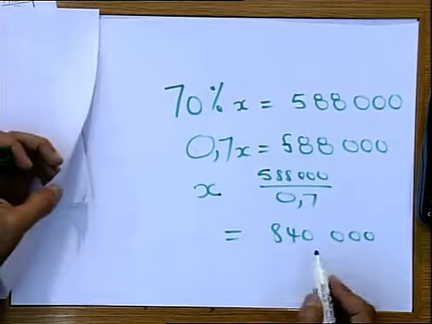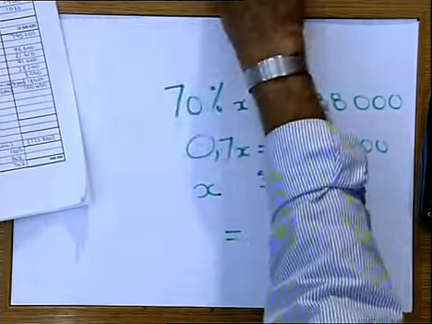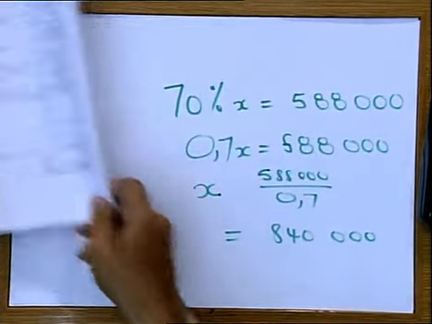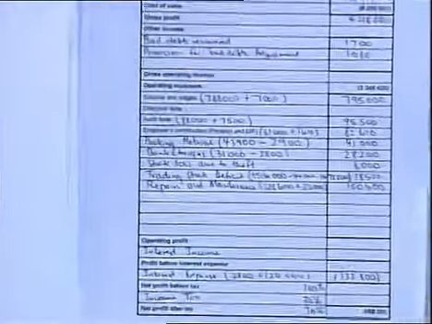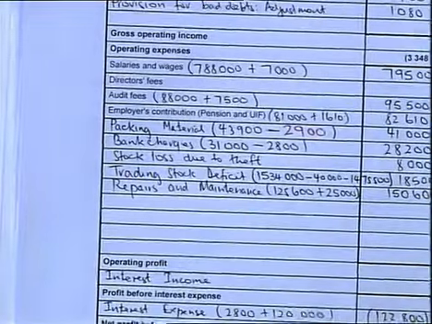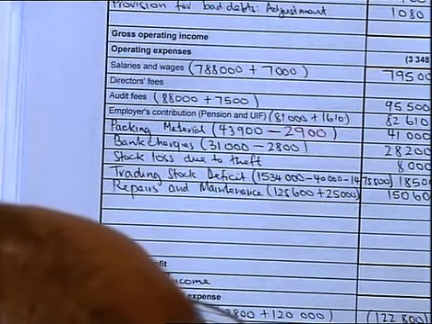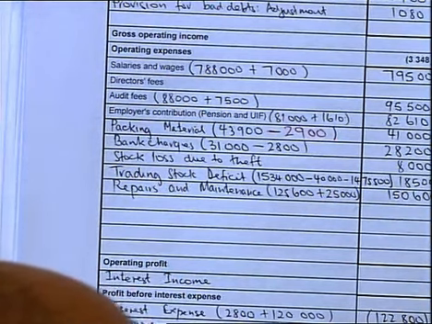So the profit before tax will be 840,000. So we can easily fill that figure in. The net profit before tax will be 840,000.